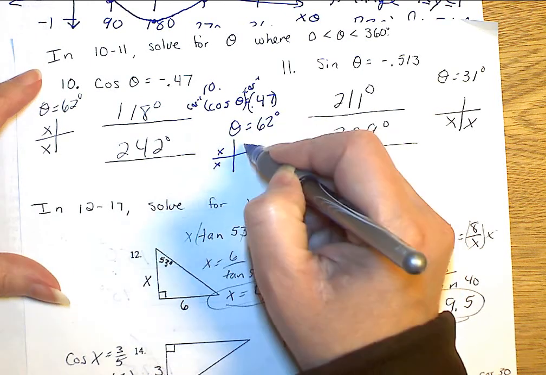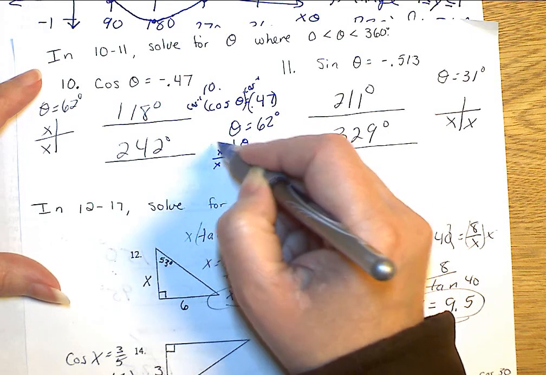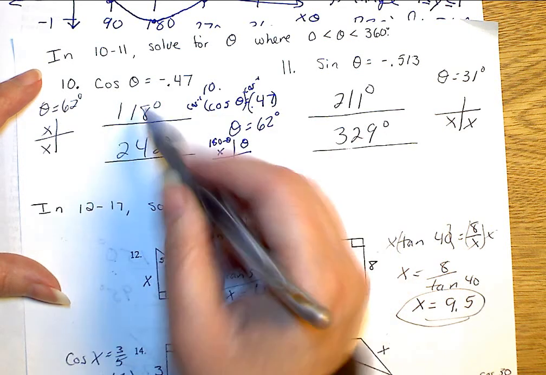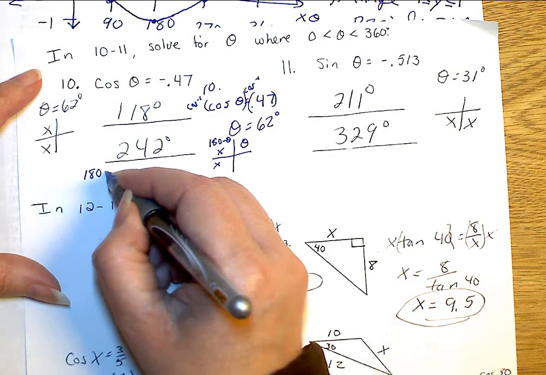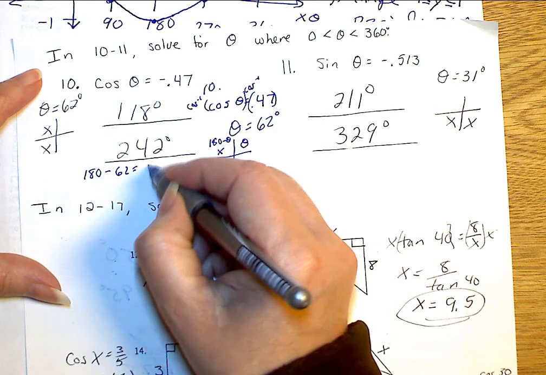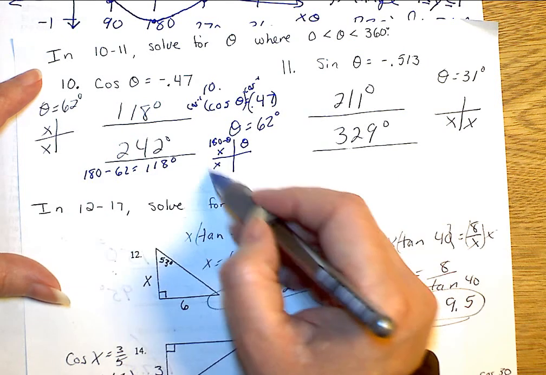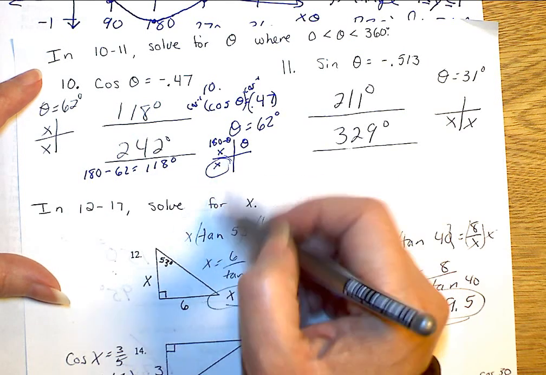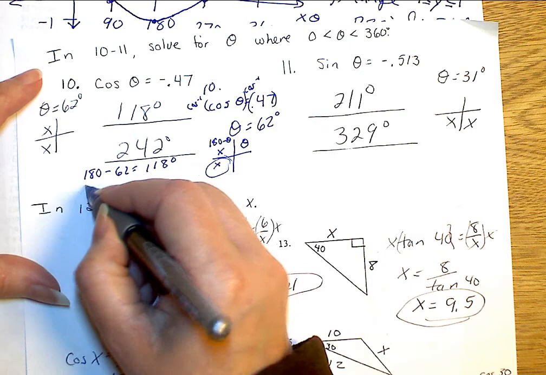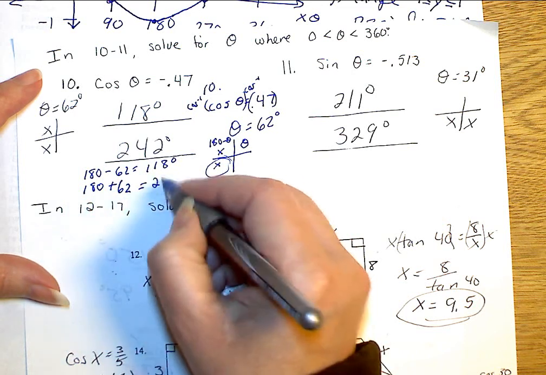Remember that the theta we found is here. This one is 180 minus theta. So how I got this one is I go 180 minus my 62, and that is your 118. And this one, do you remember what this quadrant is? It is 180 plus theta, and that is 242.